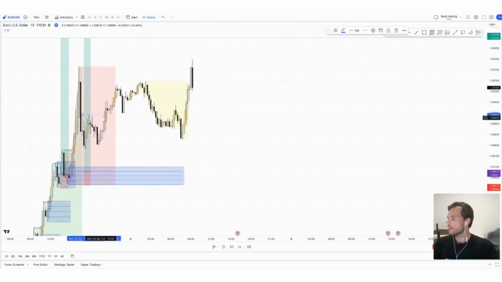Can't think today. And then we've had the pullback to that entry, but I think I would have stuck with this one. It's potential there. I'm going to backtest these types of entries a bit more.